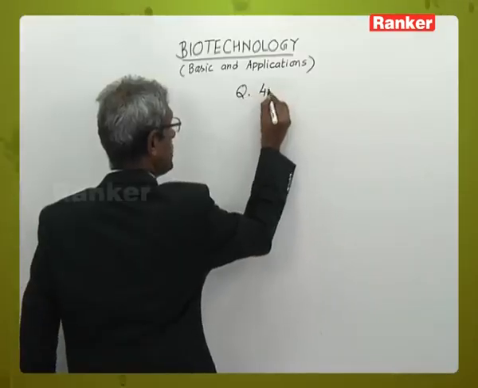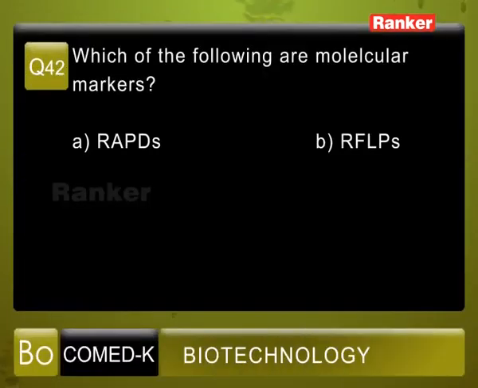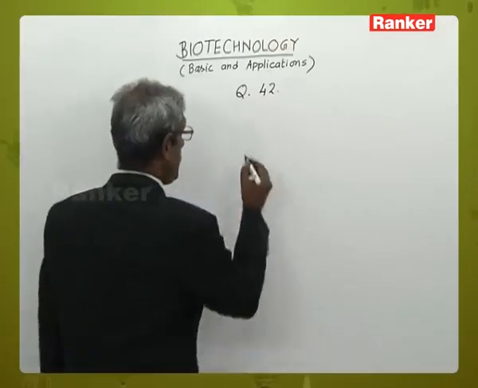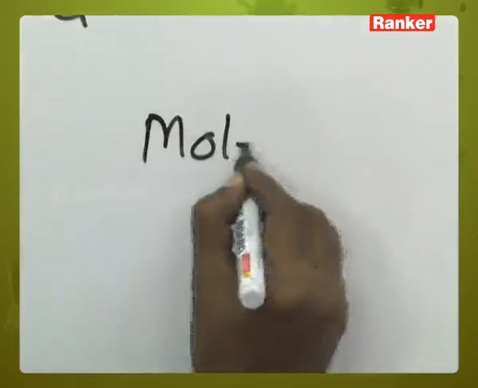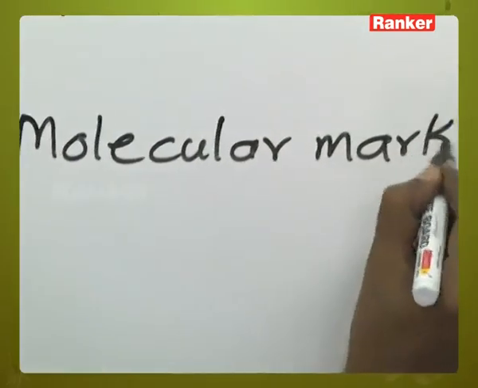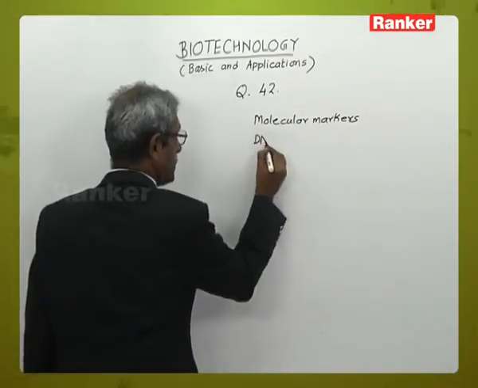Next question is 42. Which of the following are molecular markers? A is RAPD, B is RFLP, C is SSR, and D is all of these. Molecular markers are also called DNA markers.